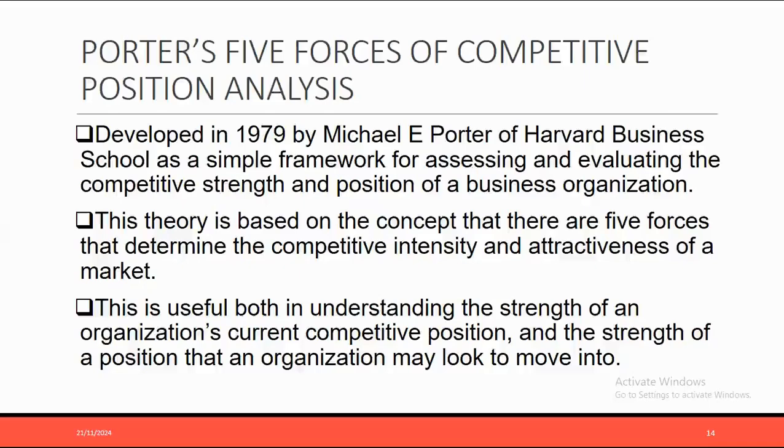So it's useful to understand the strength of the organization's current competitive position and the strength of a position that it wants to attain. Okay, so it makes you know your current strength and the strength of where you aspire to be.